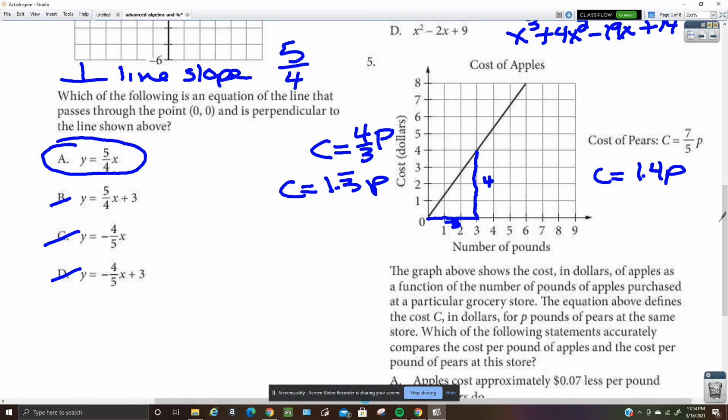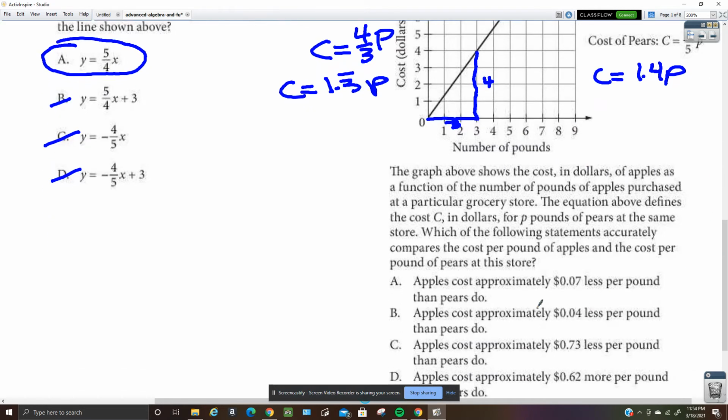So the apples will be 7 cents less per pound than the pears. So letter A. Turn the slopes into the decimal forms, and that will show you the cost per pound in dollars and cents.